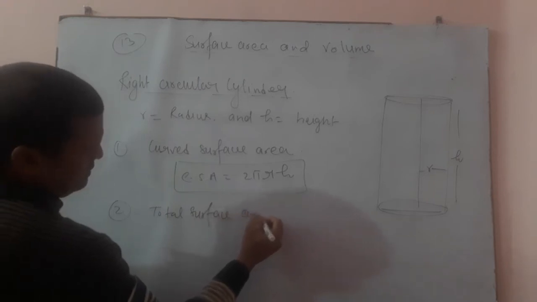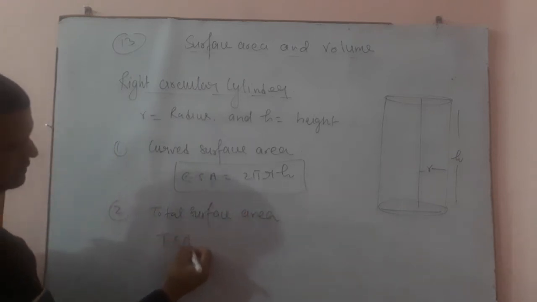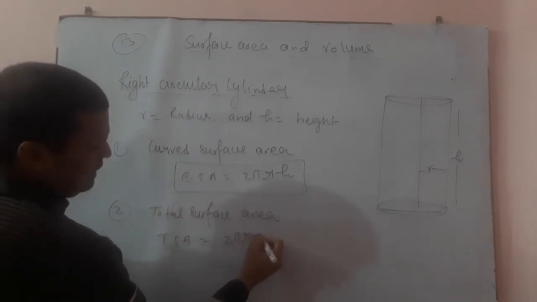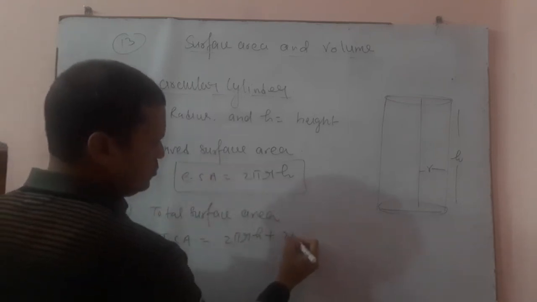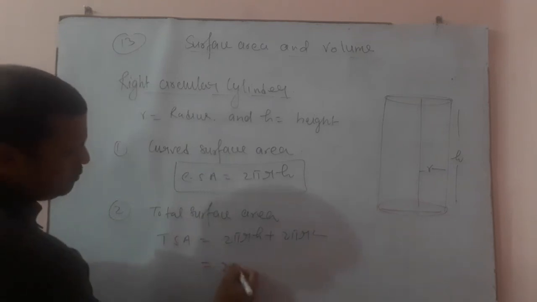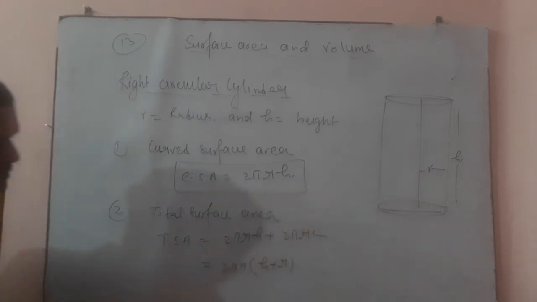Total surface area is TSA and it is equal to 2 pi R H plus 2 pi R square. When we take 2 pi R as common, it gives 2 pi R into (H plus R).